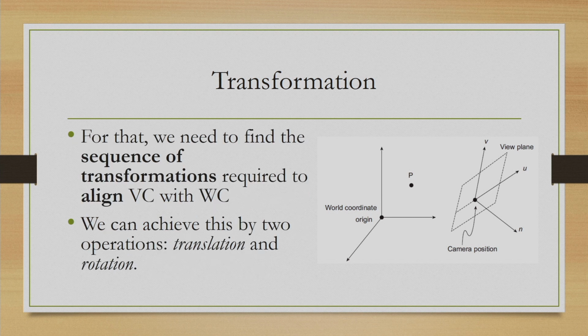And this transformation is actually a sequence of transformations that are required to align the view coordinate with the world coordinate. In the most general setting, they are not aligned, like in the figure shown here, there is a slight difference in orientation between the two coordinate systems. So, we align them and then perform the transformation. Now, in order to do that, we require two basic transformation operations: translation and rotation.